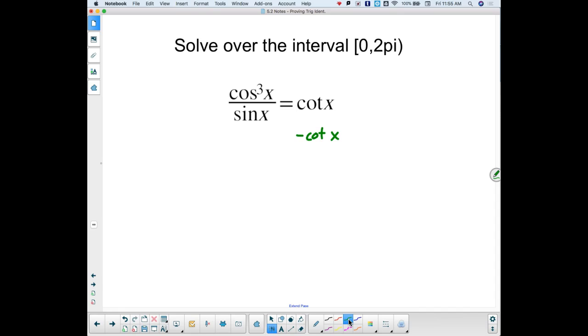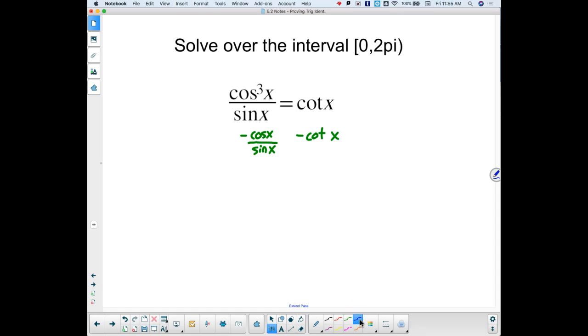I'm going to subtract cosine over sine, because that's still cotangent, right? Okay.